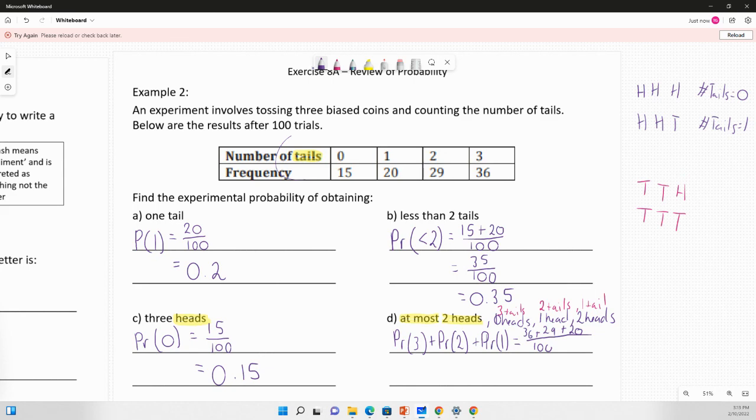So it's 36 plus 29 plus 20 out of 100. 6 plus 9 is 15. Carry the 1. We've got 3 plus 2 is 5, plus 2 is 7, plus the 1 we carried before. 85 out of 100. Simplify the fraction or write it as a decimal, 0.85.